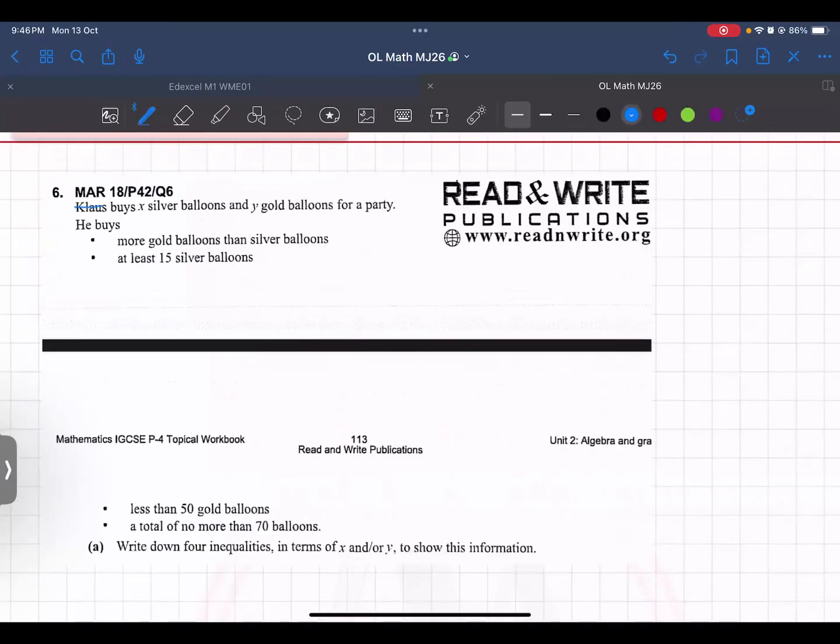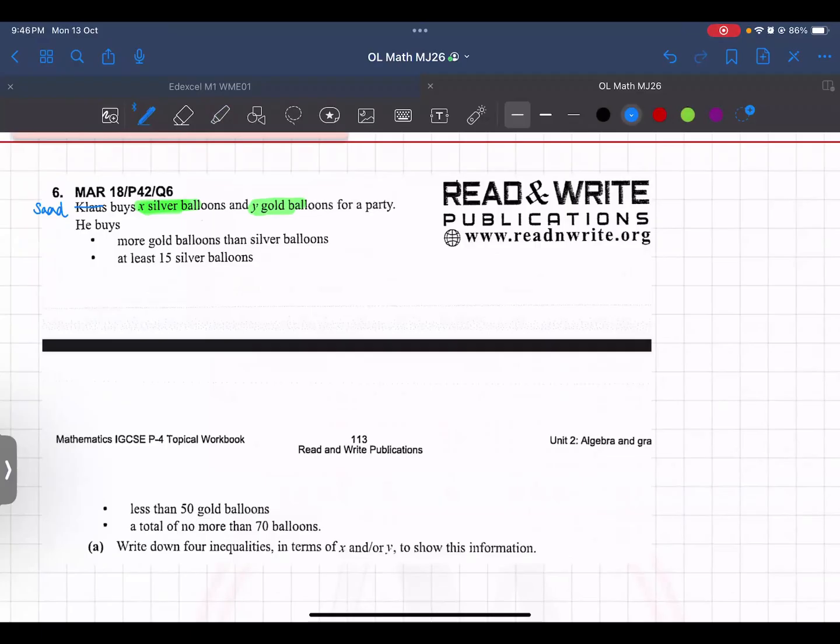Saad buys x silver balloons, y gold balloons for a party. He buys more gold balloons than silver balloons.